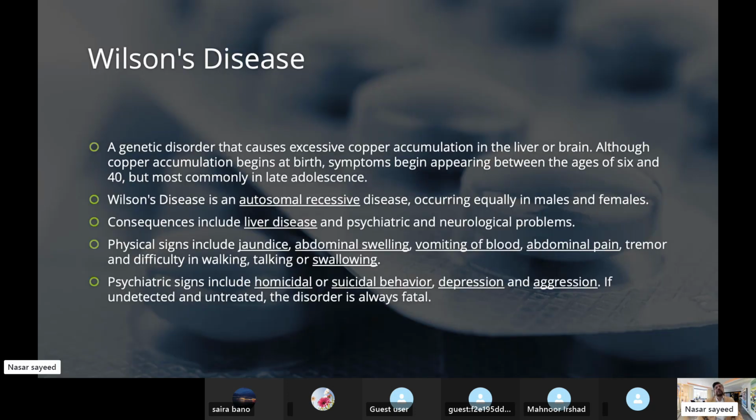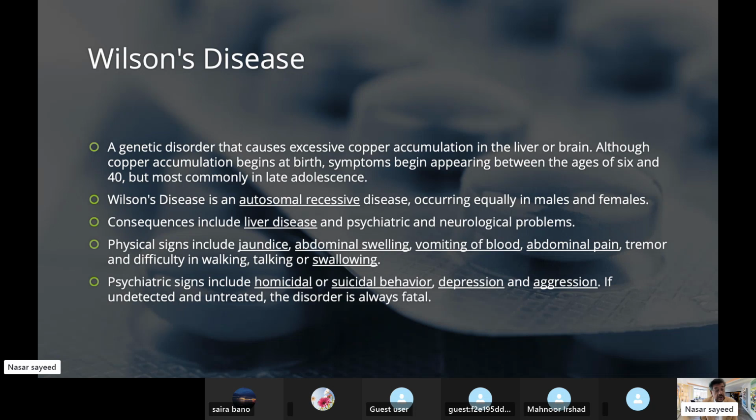Wilson's disease, you just named it, is a genetic disorder, autosomal recessive. Liver disease is a problem. Usually the patient presents with abnormal movements, but the first presentation is usually the liver problem. Homicidal and suicidal behaviors, depression, and aggression are common psychiatric presentations of Wilson's disease.